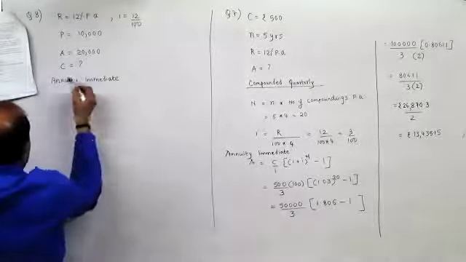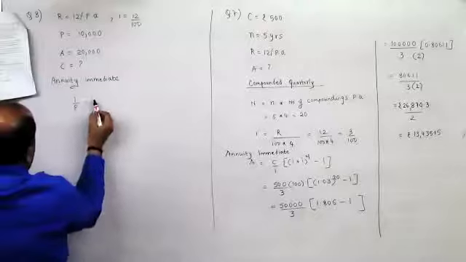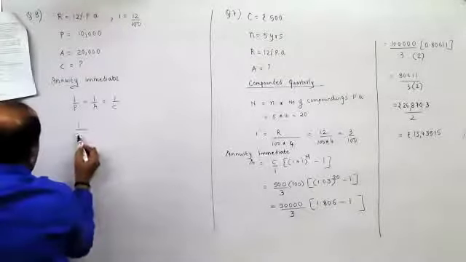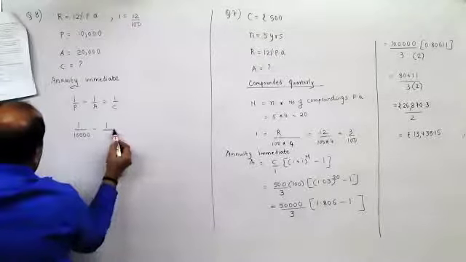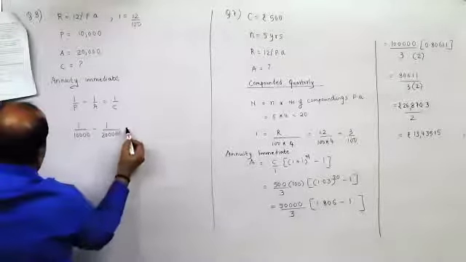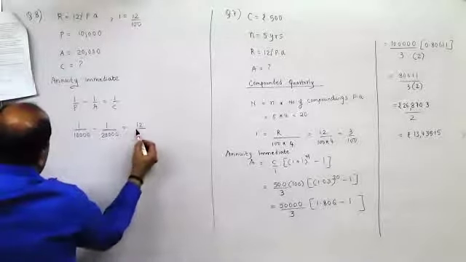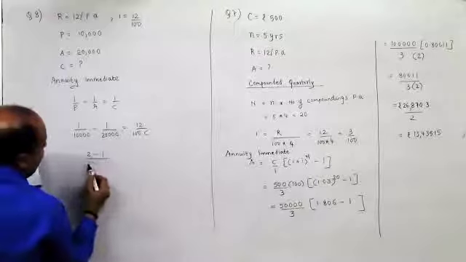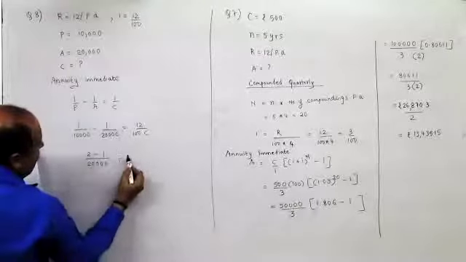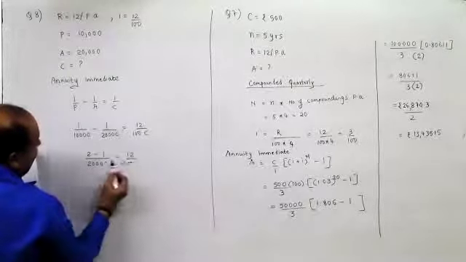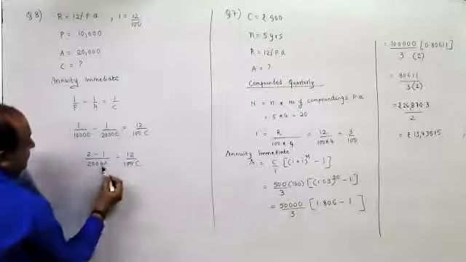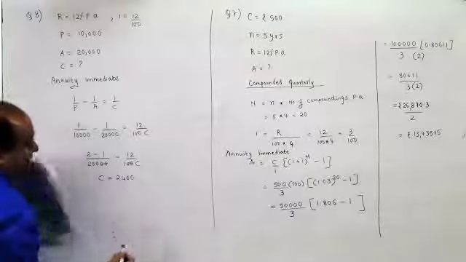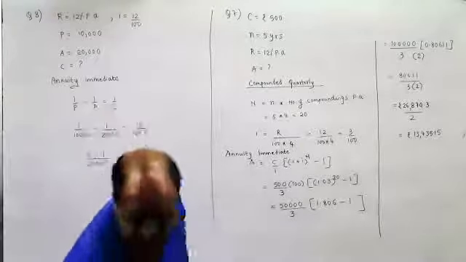And we know that there is a relation. 1 upon 10,000 minus 1 upon 20,000 is equal to I, that is 12 upon 100 into C. Now this would be 2 minus 1 upon 20,000 is equal to 12 upon 100 C. This would be 1 upon this and this cancelled. When I take 200 to the other side, I get 2400. Is that the answer? Yes, sir.